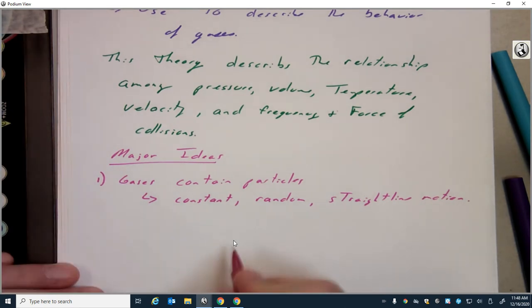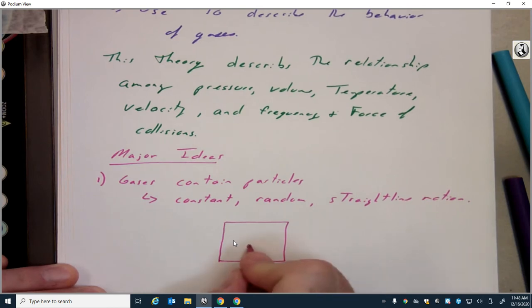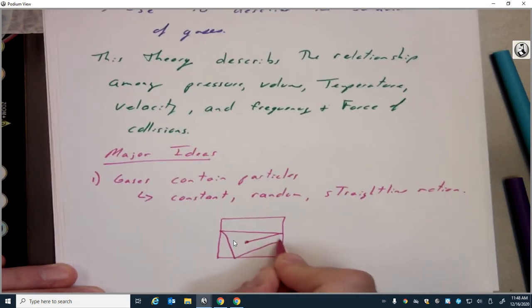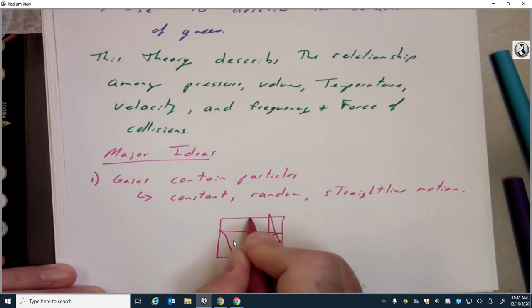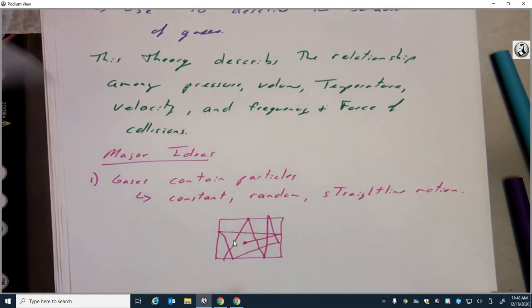Okay, so if I have a gas particle in a box, this gas particle is going to be constantly moving, so it doesn't stop. Its movement is going to be random. And it goes in straight lines until it runs into something. So boom, boom, boom, boom, boom. So you have that constant random straight line motion.